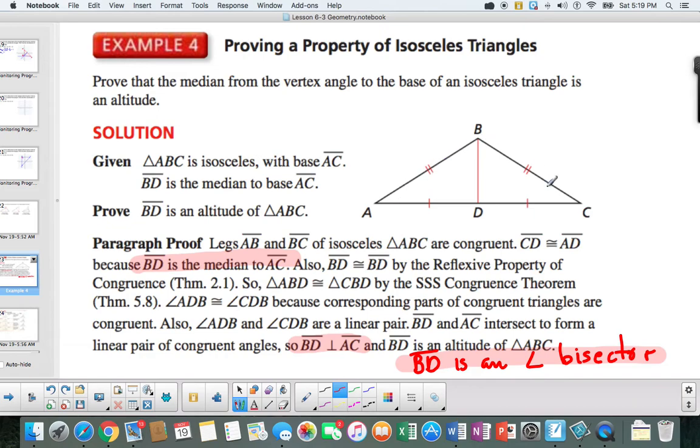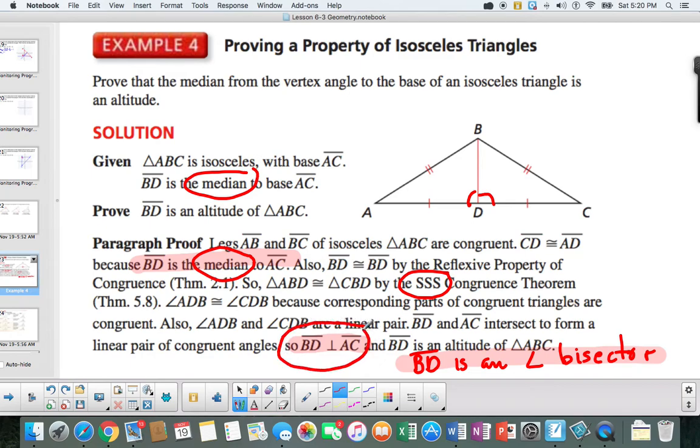Here's an isosceles triangle, and if I were to draw a median, that means it goes to the midpoint. So this is a median. So the first thing is that this line is a median. If you make the triangles congruent, SSS is the way to do it, then you're going to get this angle congruent to this angle. And since they both add up to 180 and they're congruent, it forces them to be perpendicular.